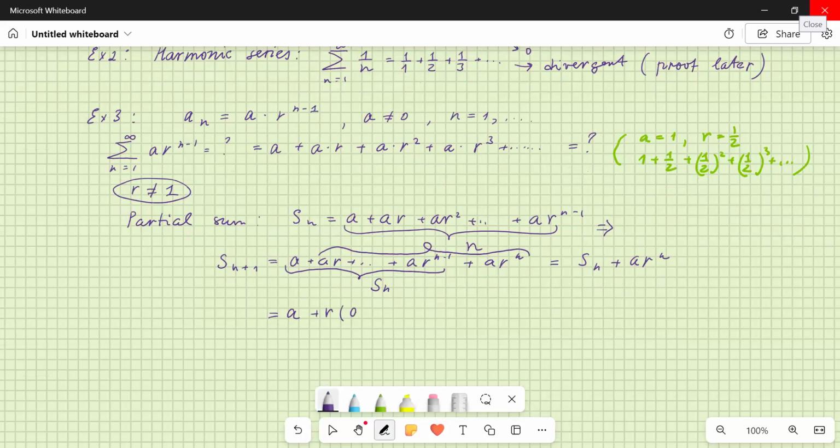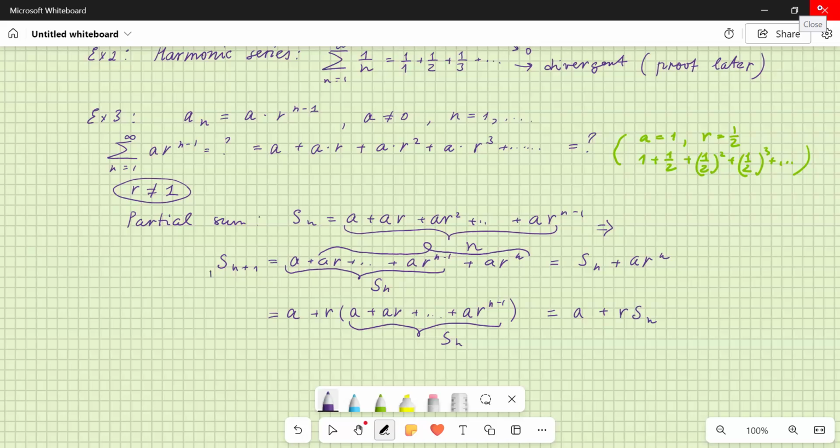And in parentheses, if you take r outside, there's a, because there's r squared, I take 1 r, but I'm still going to have 1 r left, and ar^(n-1), like I take 1 r out of each term. If I look at what I have in parentheses, it's again Sn, because if you compare it to Sn, you see a, ar, and so on. So that's a second way to represent the very same sum through Sn.